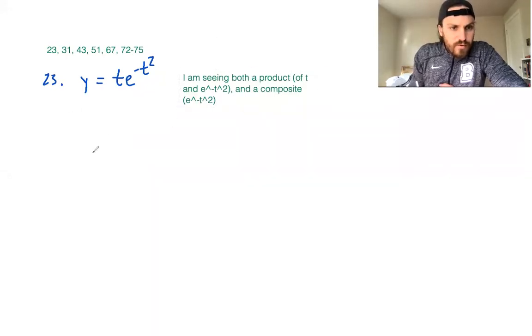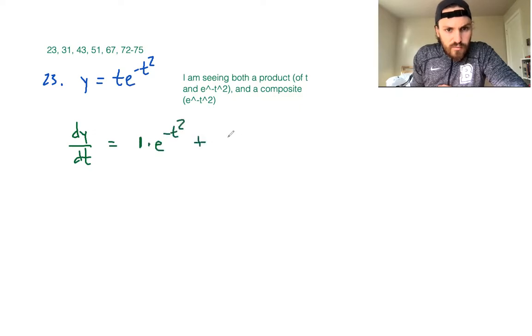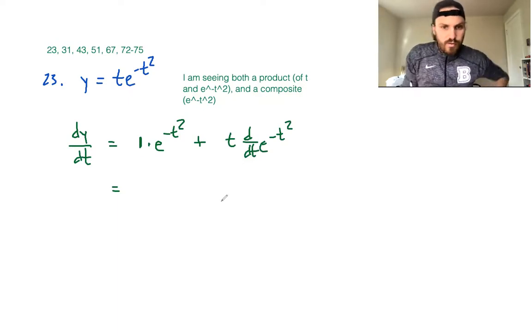chain rule. So first of all, the product rule. So dy dt, the derivative of y with respect to t, would be the derivative of the first, which is 1, times e to the negative t squared, plus the first, which is t, times the derivative of e to the negative t squared. And now I need to find that derivative, right, using the chain rule.